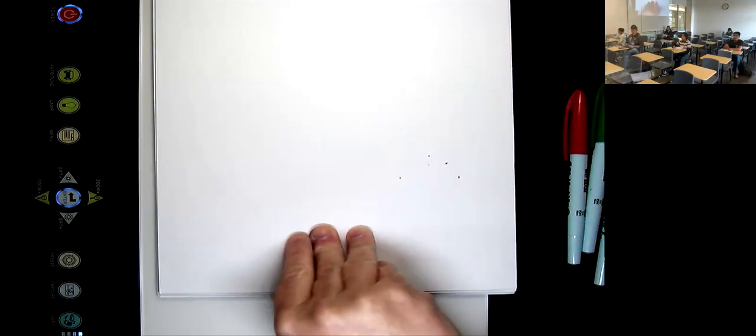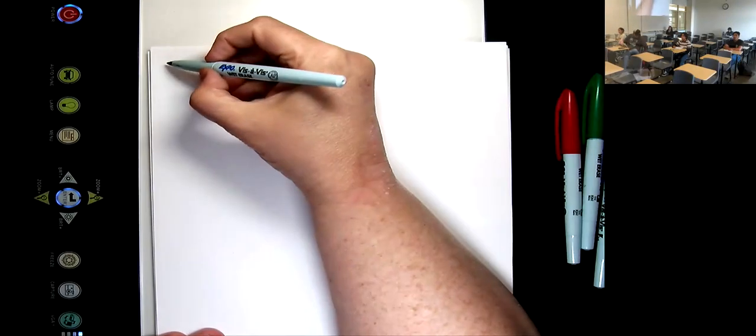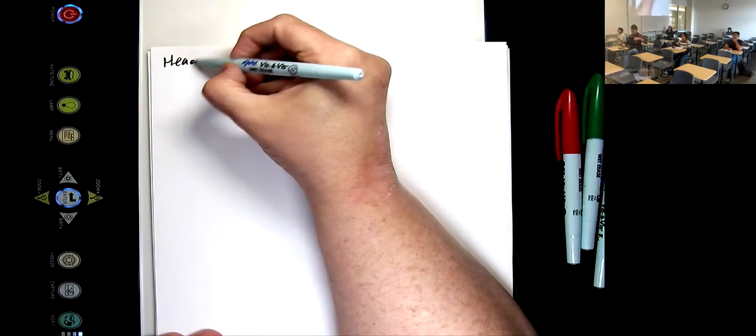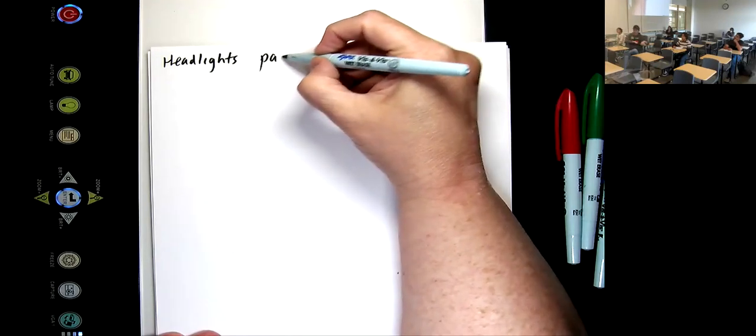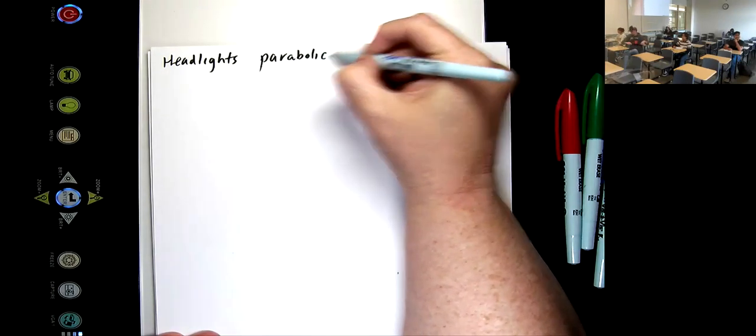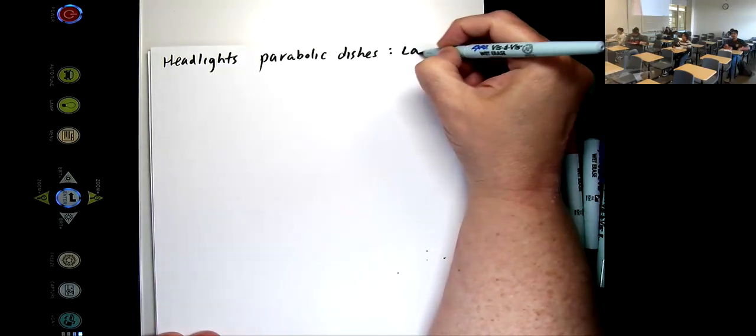Actually, before we do, I'm going to point out where parabolas show up in real life. Headlights are parabolic dishes where the lamp is the focus.